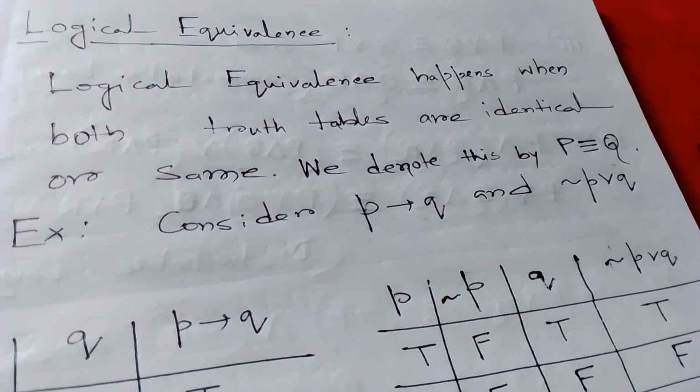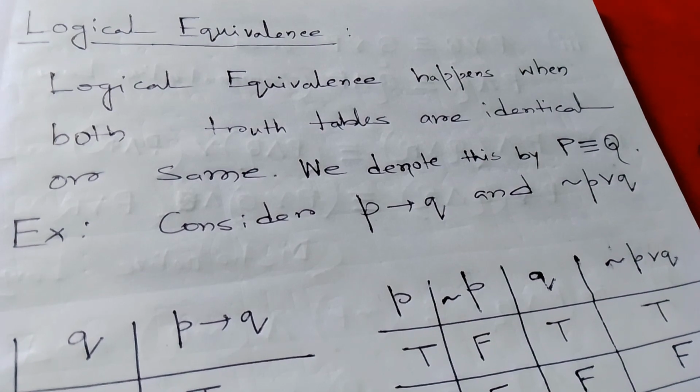And now, logical equivalence. Two propositions have logical equivalence when their truth tables are identical, or the last column of the truth tables is the same. Then we can say that those two propositions have logical equivalence.